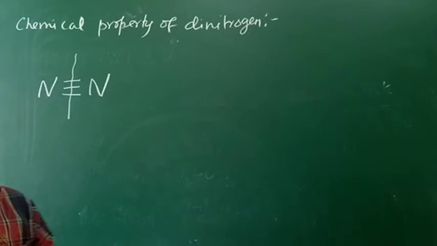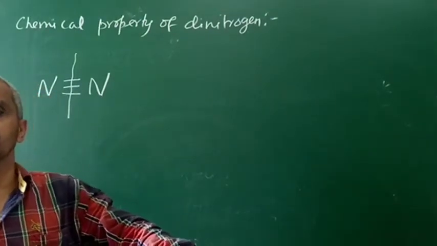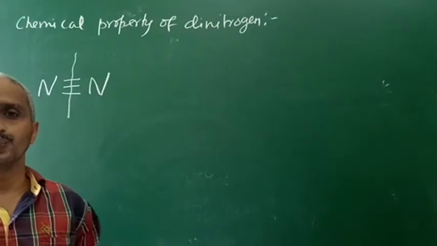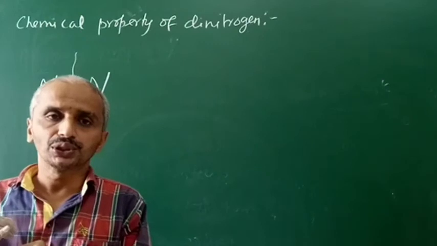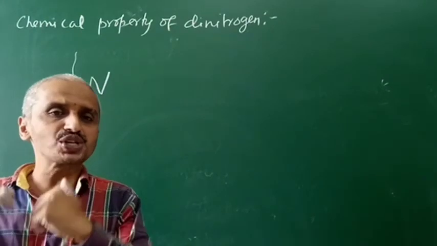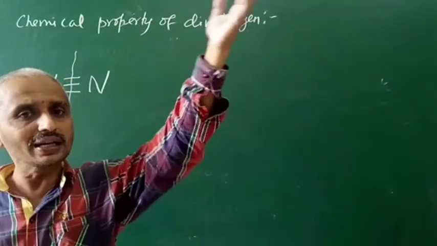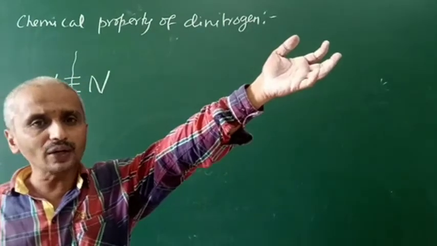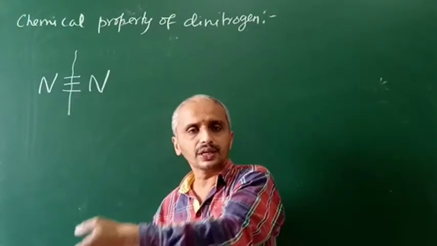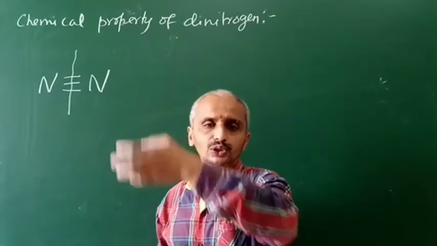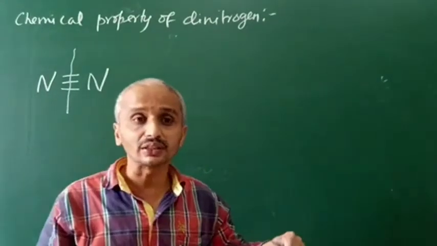Means at normal temperature, dinitrogen is less reactive. But the stability decreases with increase in temperature. So at higher temperature, it reacts with metals, with oxygen, with hydrogen also, not at normal temperature.